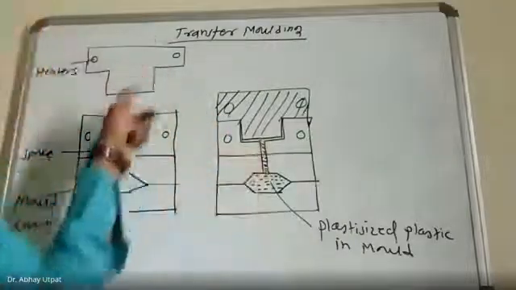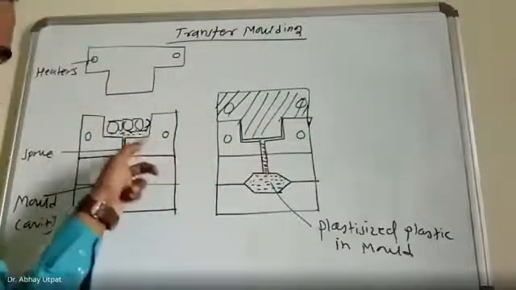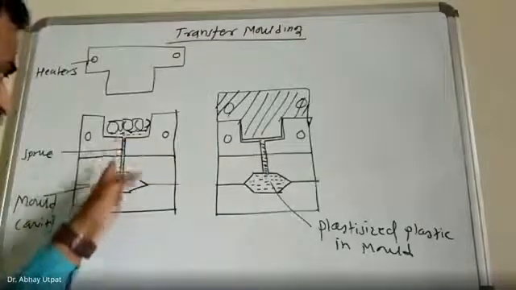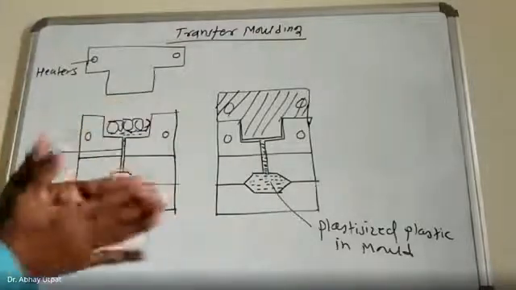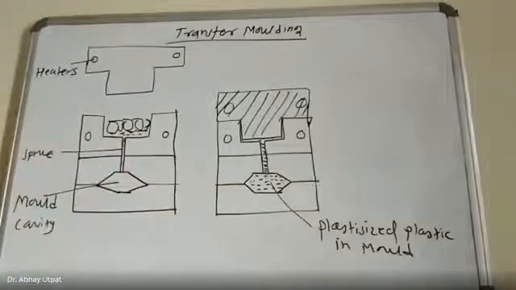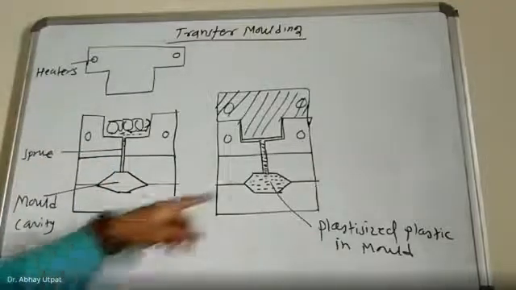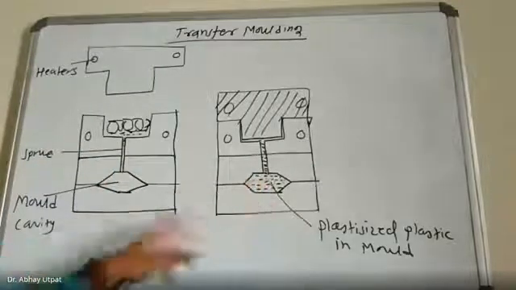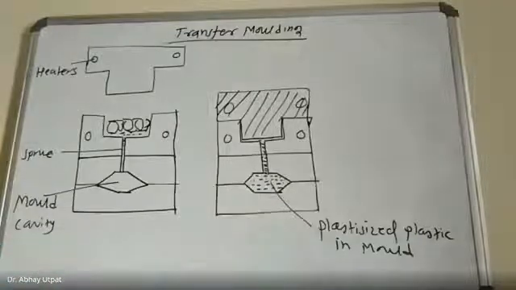That's why the upper jaw is pressed here, and then your material will flow, and it is kept for sufficient time in the compressed position so that you will get your object after solidification.